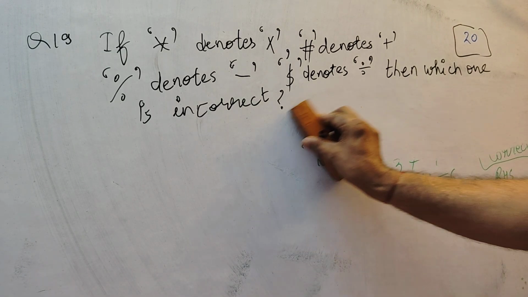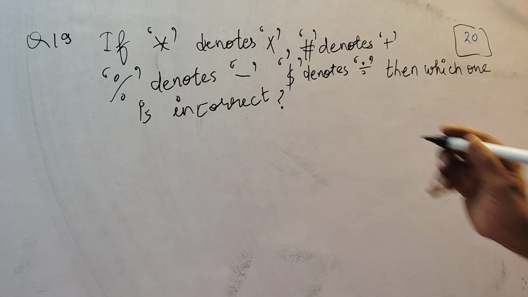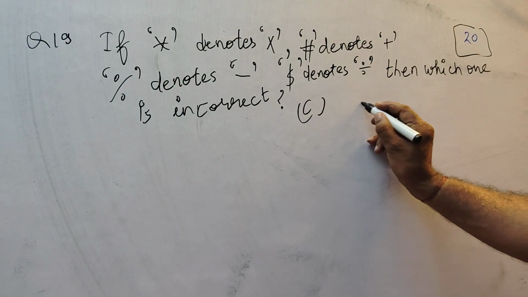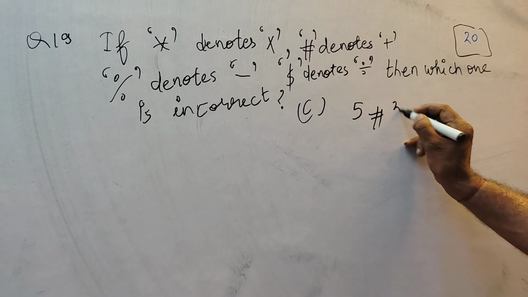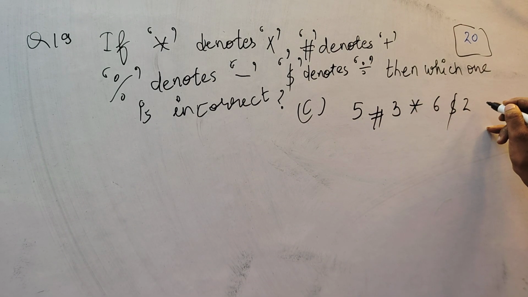Come to C option. In the C option, 5 hash 3 asterisk 6 dollar 2 percentage 8 equal to 10.